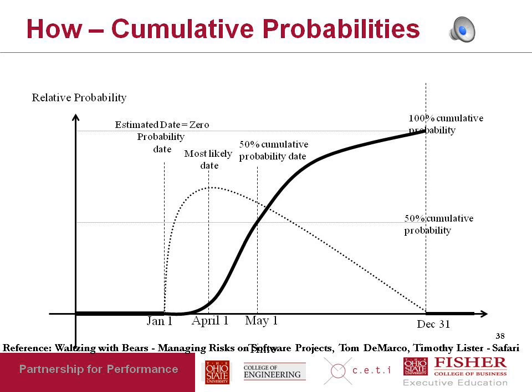So this is a plot of cumulative probabilities. It's the integration of the previous curve, okay? And because ultimately the cumulative probability should add up to 1 or 100%, you will see that this graph will start off at 0 and then go up to 1, okay?